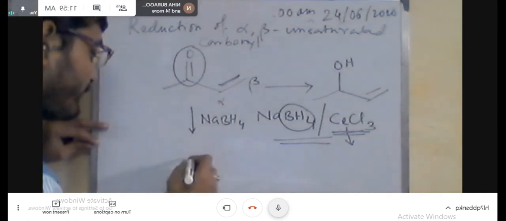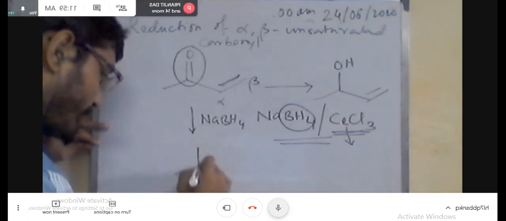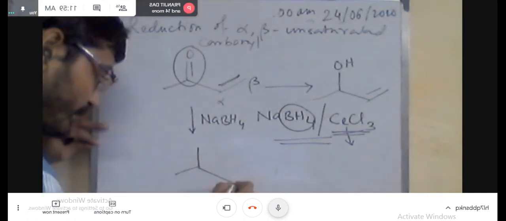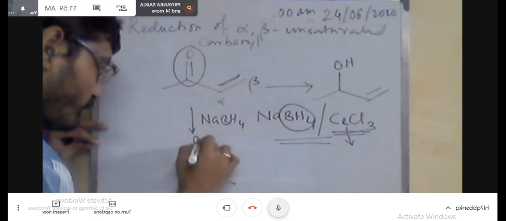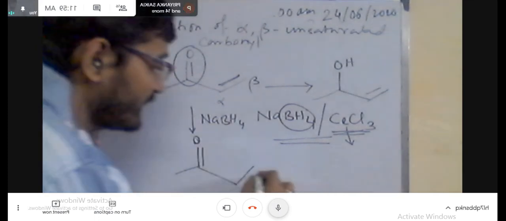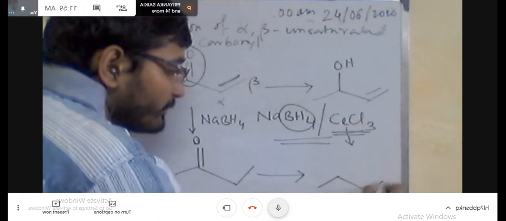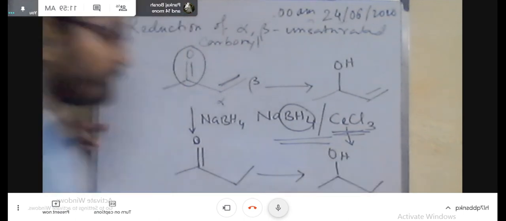So if you want to reduce selectively this bond, not the aldehyde, by reducing the ketone you will get the 2-degree alcohol, and by reducing the aldehyde you will get the 1-degree alcohol.